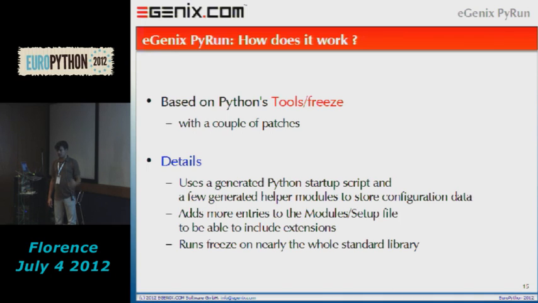So what you have is an executable with the standard Python interpreter, and linked to that, all these static data files having the bytecode of your Python application. That's basically how it works, and it works reasonably well.